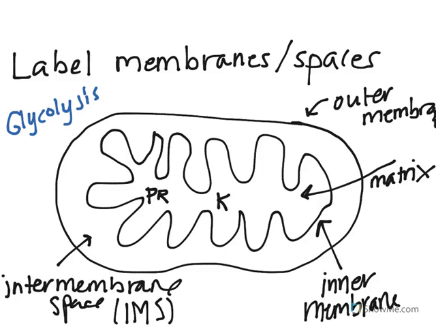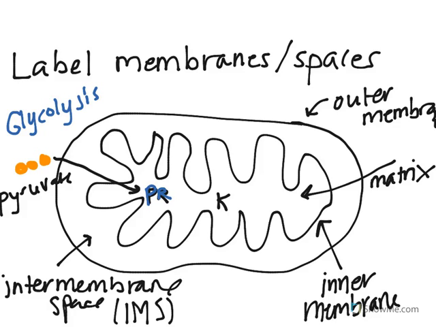Glycolysis is taking place in the cytoplasm, and this is creating the pyruvate that will then be shuttled into, just draw, this is our pyruvate that is created in the process of glycolysis. The pyruvate will be shuttled all the way in to the matrix where the process of pyruvate oxidation or the preparatory reaction will take place.